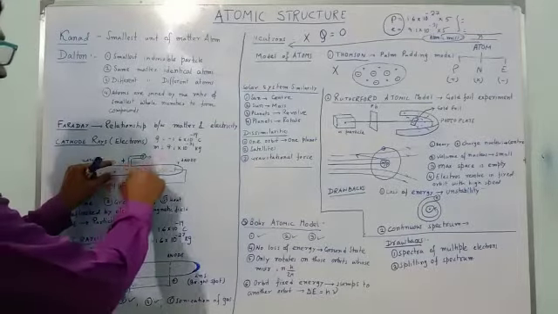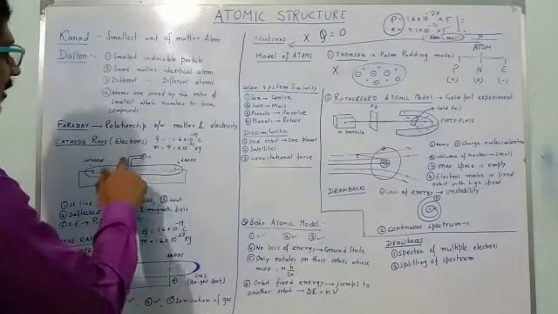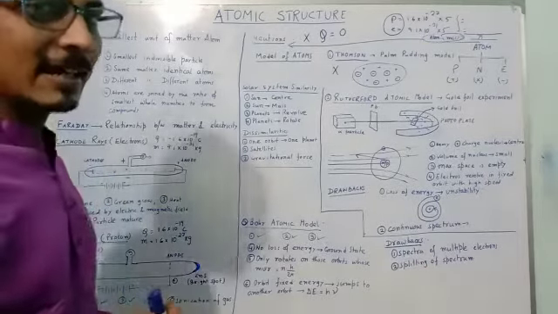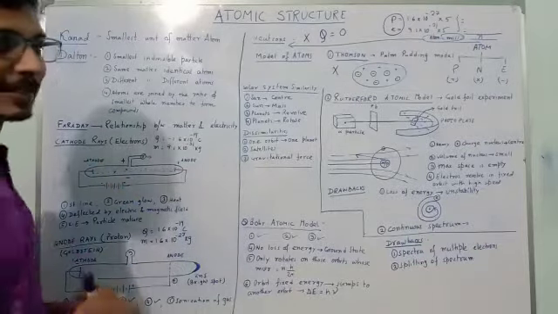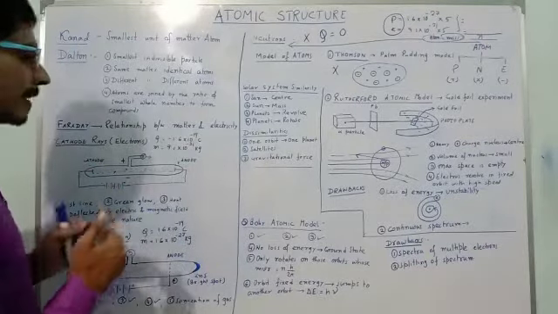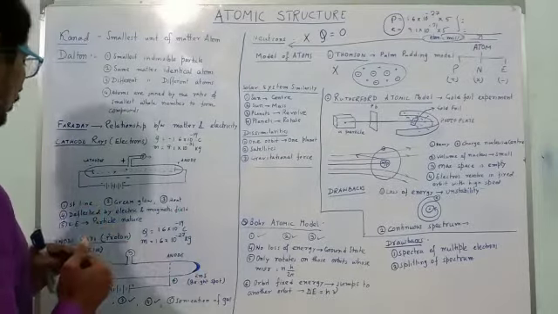This is a cathode ray tube. This is a simple glass tube from which we have evacuated the gas so that the pressure inside the tube becomes very low.